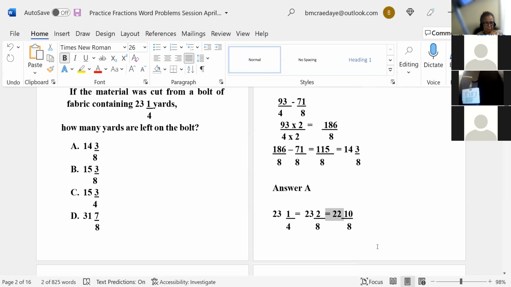What would you say? See that 23 and 2/8? I made that 22 plus 8/8 plus 2/8. That's how I got the 10, because the whole is 8/8, right? Yes. So 8 over 8 plus 2 over 8 is 10/8.